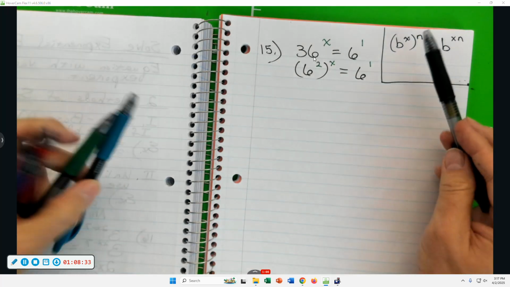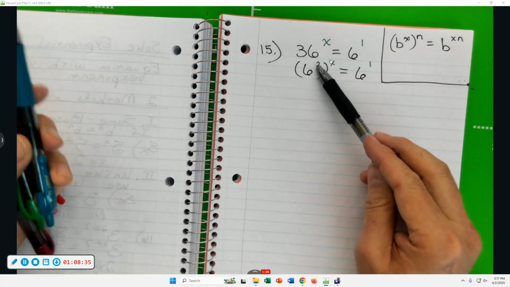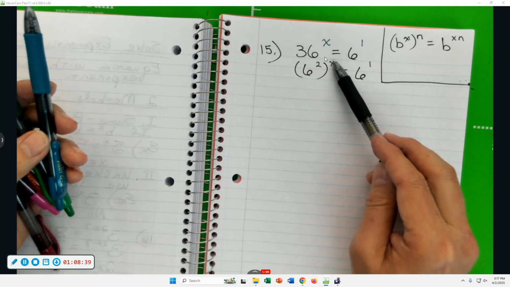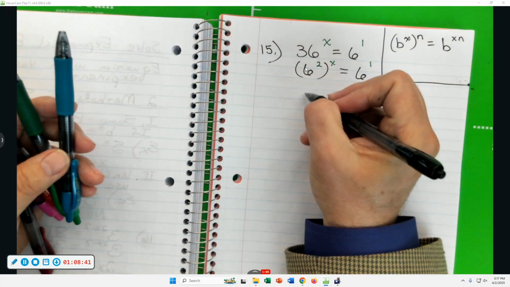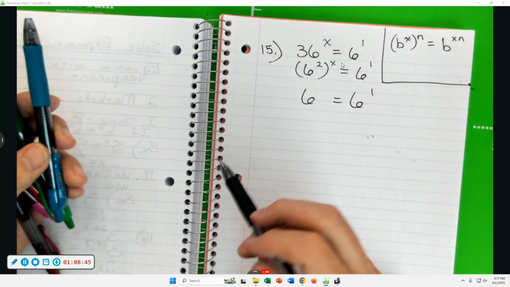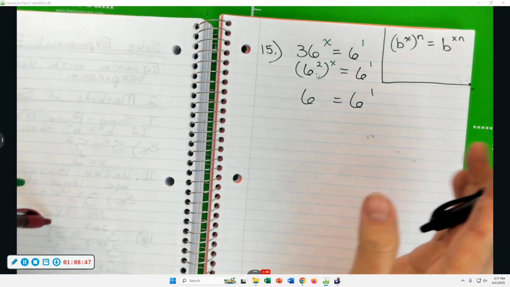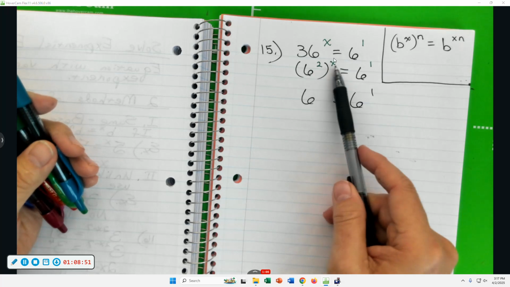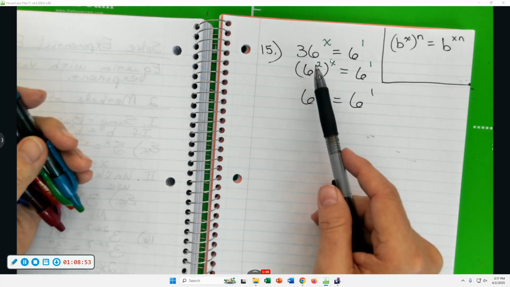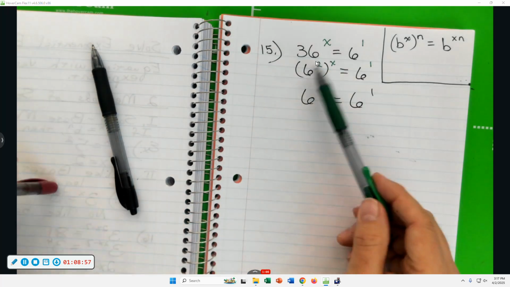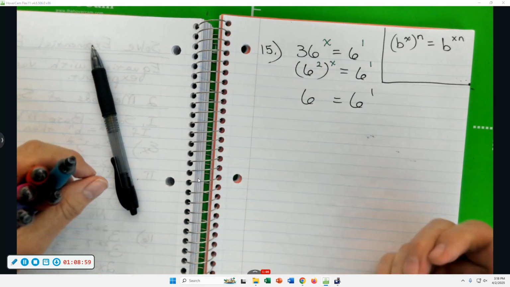What are we going to do here with this 2 and x? A power raised to a power. I need it written just as 6 to a power equals 6 to a power, no parentheses. So, what can I do here to get rid of that 6 squared to the x?